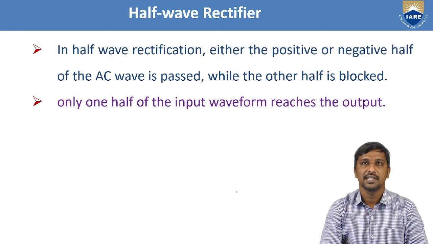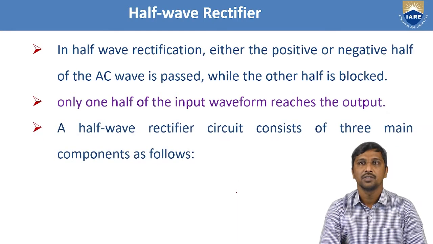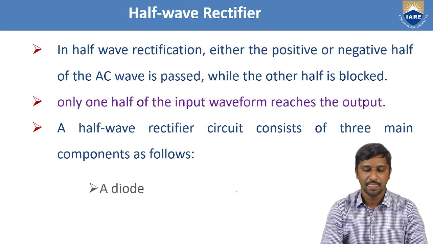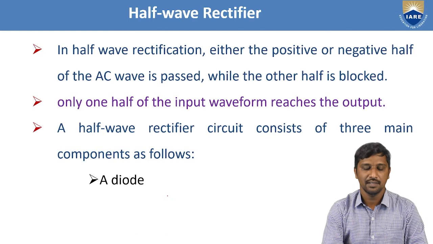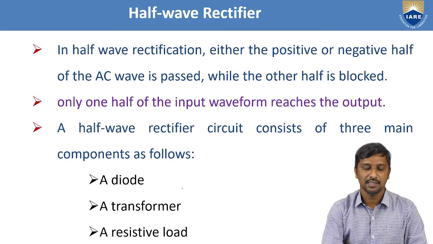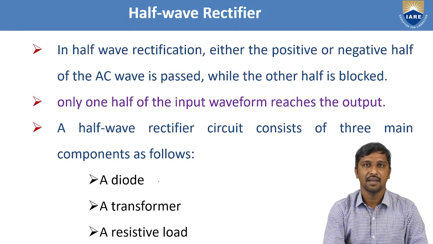It contains majorly three sections. One is a diode, then a transformer, and another one is a resistive load. These are the three important components. By using these three, we are going to design a half-wave rectifier circuit.